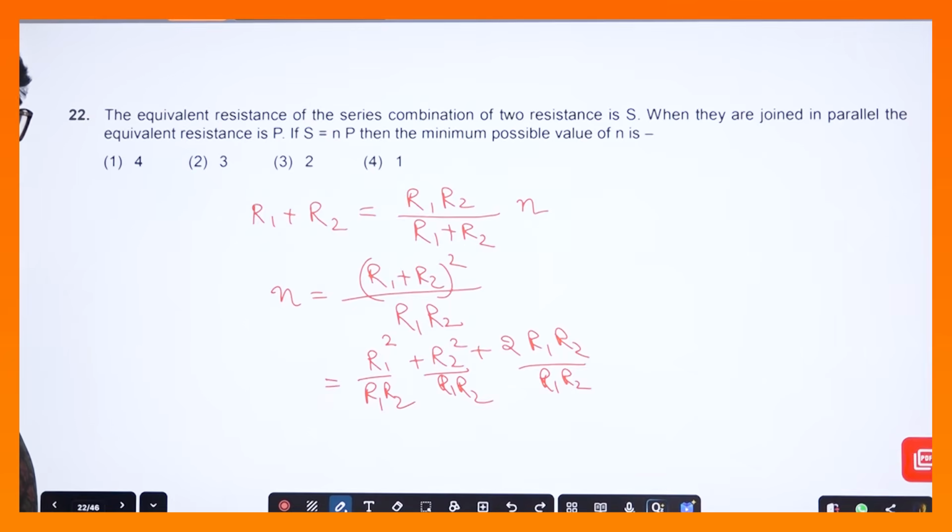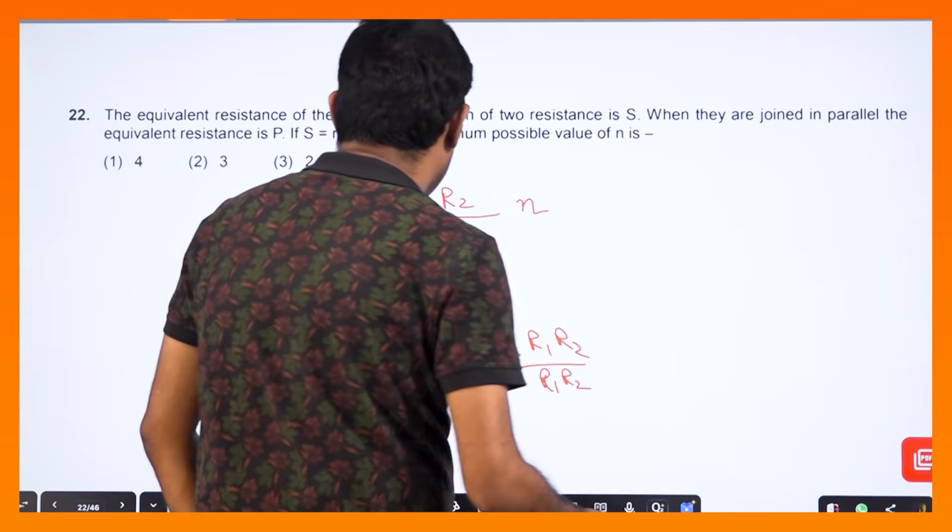Right, what is the minimum possible value of n? The value of R1 and R2 may be anything. So we can solve it mathematically, right?